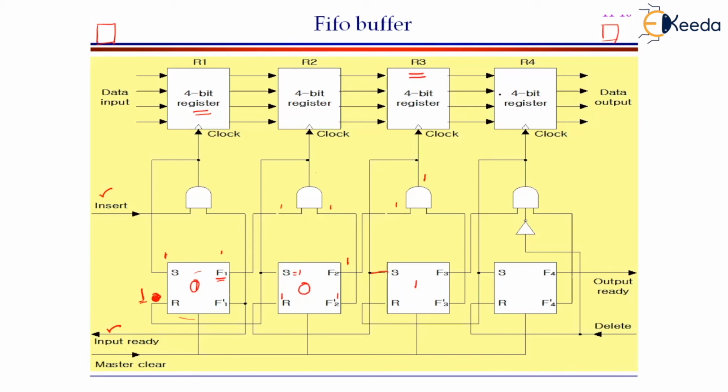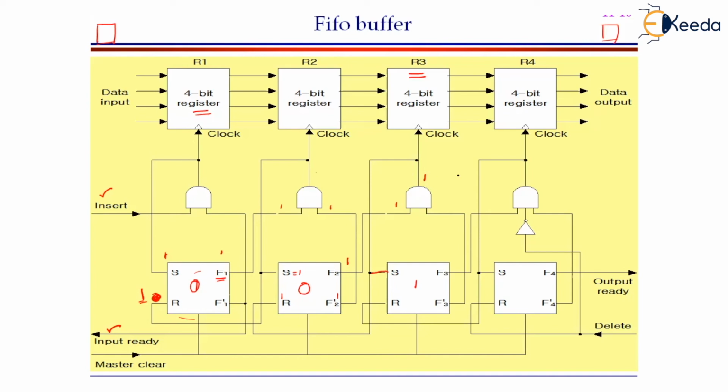The moment the data from the third register is transferred to the fourth register, the third register's data should be emptied. How are we going to make it? Simply by connecting the output of the AND gate to the reset input of the previous flip-flop. And similarly, in order to make this data valid, the output of the AND gate should be connected to the S input of this flip-flop.